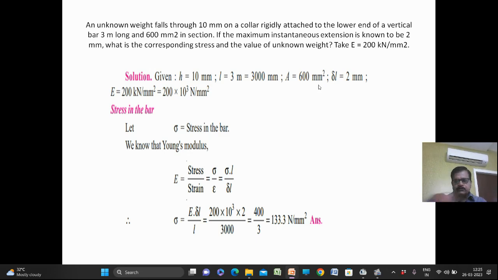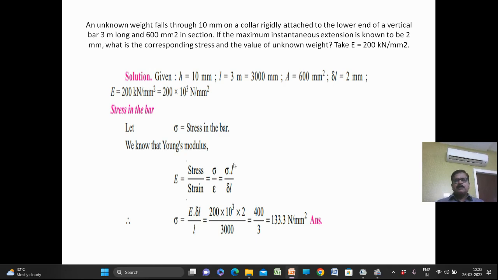The cross sectional area of the bar is 600 mm square, and the extension of the bar under the influence of the load is 2 mm. Young's modulus is 200 kilonewton per mm square, or it can be written as 200 into 10 to the power of 3 Newton per mm square.